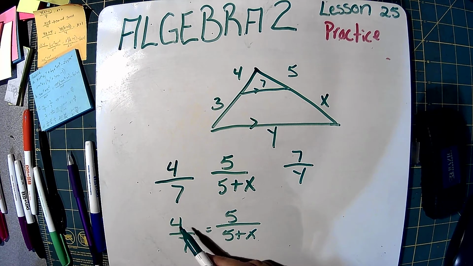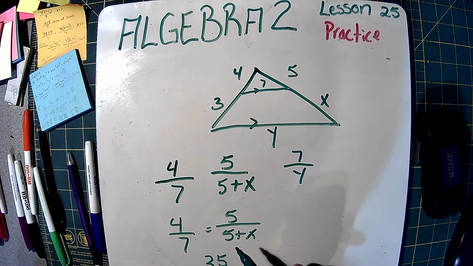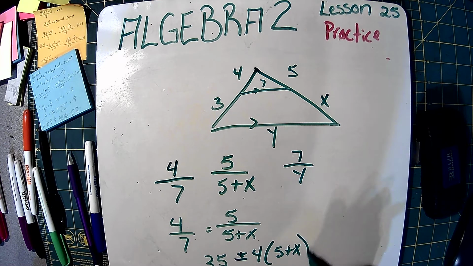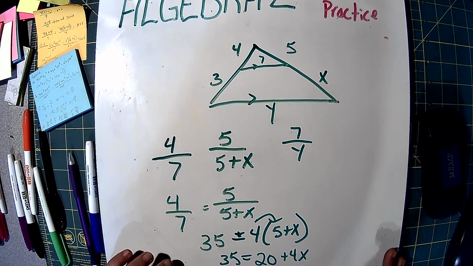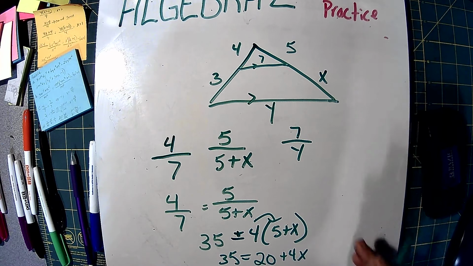We just multiply and we get 20 plus 4x is 35. And then you guys can't see this anymore.